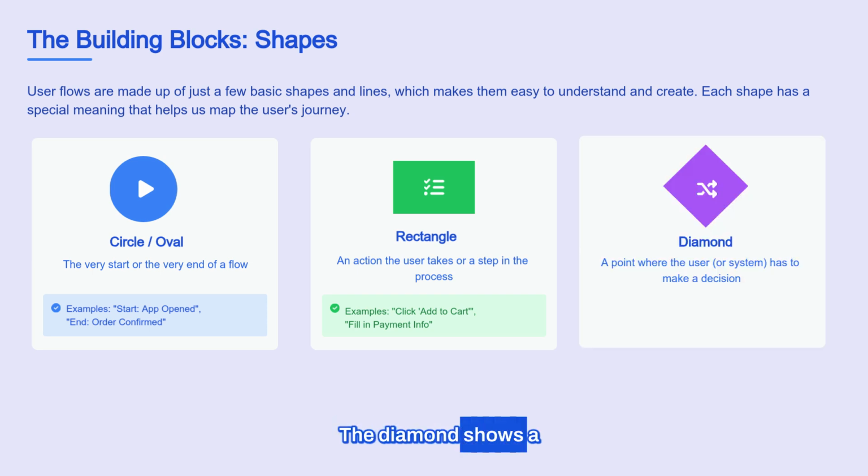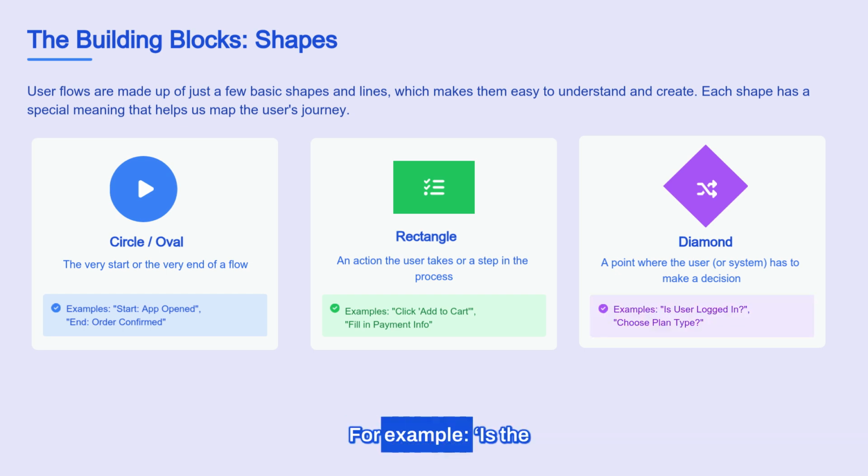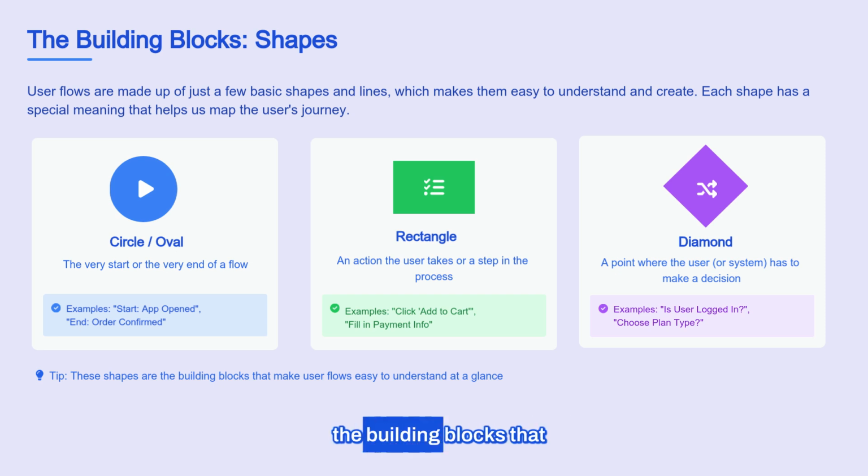The diamond shows a decision point where the user, or sometimes the system, has to make a choice. For example, is the user logged in? Or, which plan do they choose? These shapes are the building blocks that make user flows quick to understand at a glance.